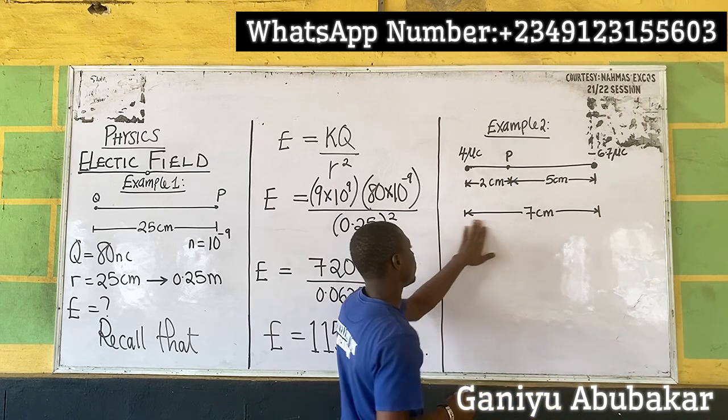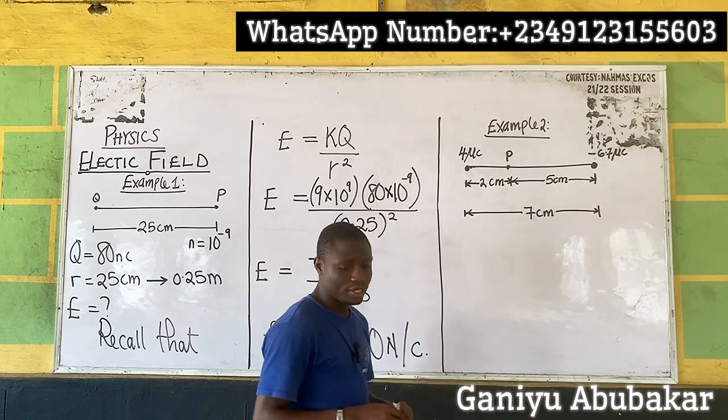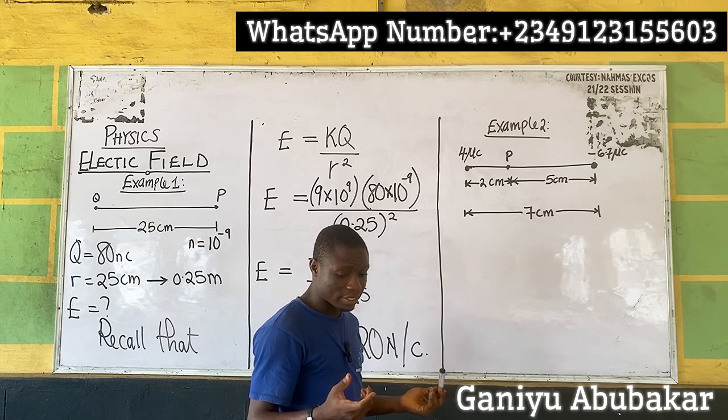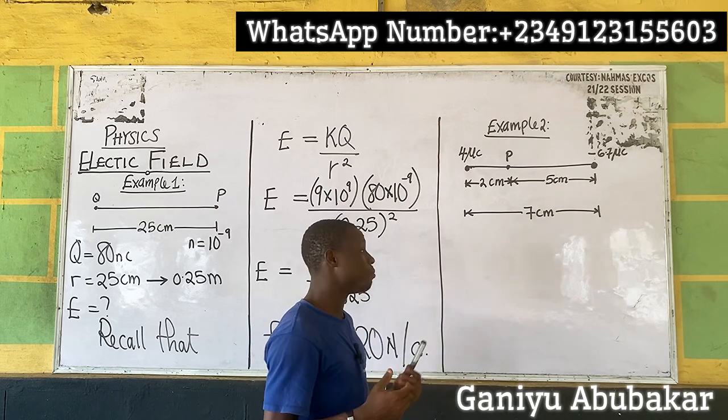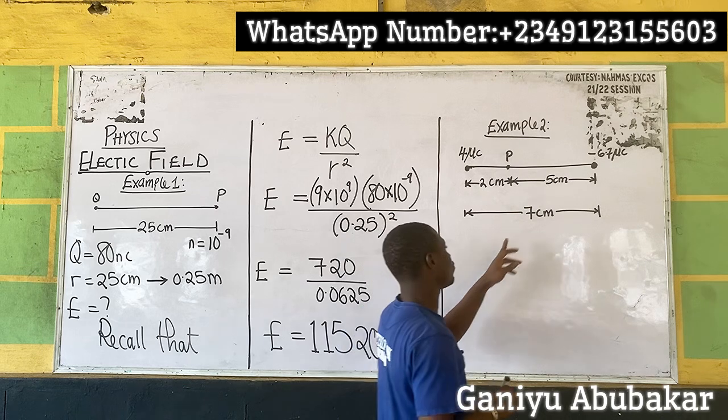First, convert your cm to meters. That's the first task. Convert your cm to meters, so divide by 100.